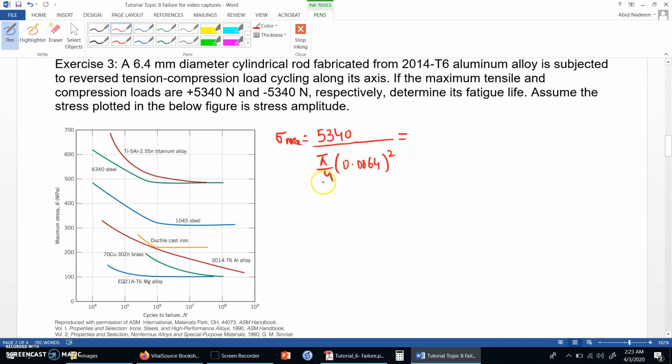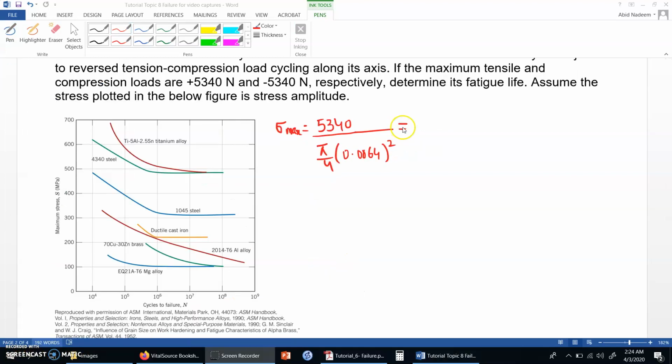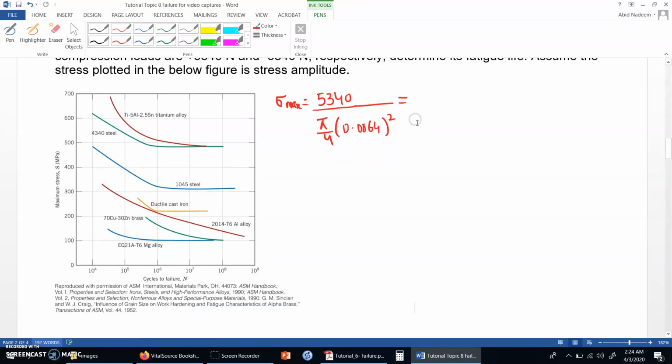Anyway, I will calculate it. So this figure will be 166 times 10 to the power 6 pascals, which means it is 166 megapascal.